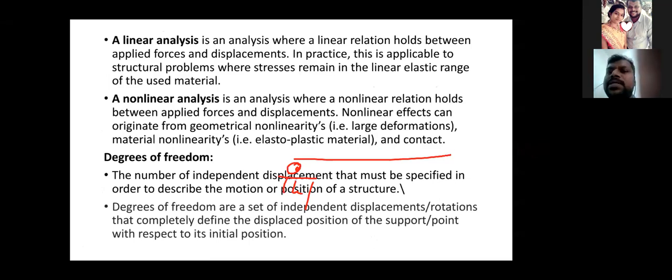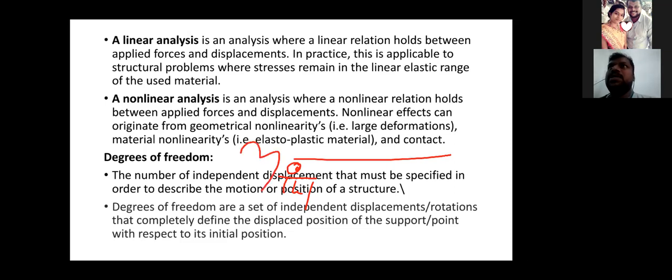Can anyone tell me what are the possible displacements that occur in this roller support? Of course, three. One is along x, one is along y, another is a moment. So as I told, if it is a two-dimensional structure, there are three unknowns.